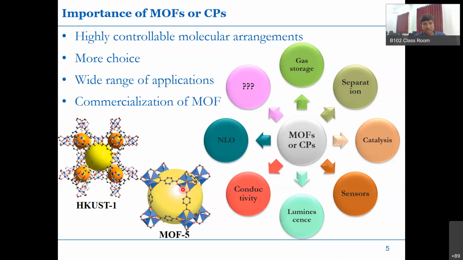One more important thing I would like to highlight here is that, unlike most of the organic materials which show very strong optical activity only in solutions, our MOFs are insoluble, which is a huge advantage.